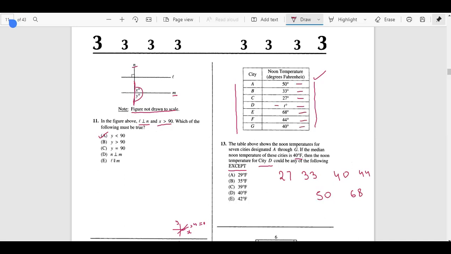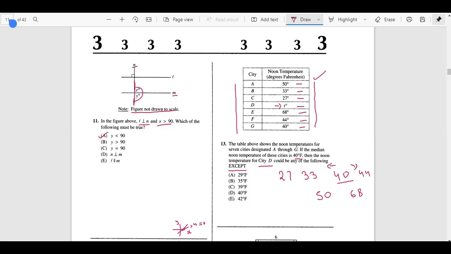So this T is missing, and we don't know where this T is going to come. What we know is that 40 is the median. And what is median? Median is basically the middle value. So if we have 3 values after 40, it means that we should have 3 values before 40.